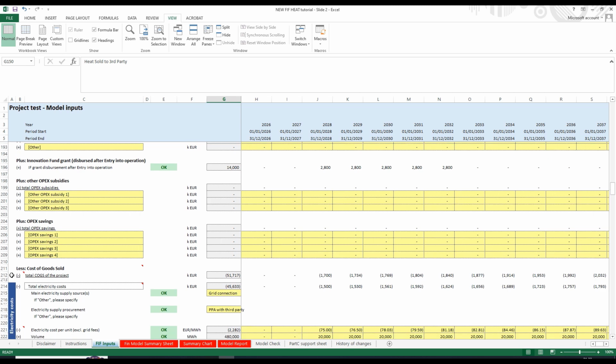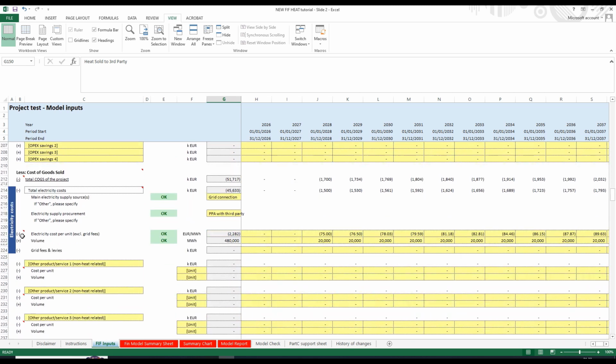The first part relates to electricity costs. You will be asked to indicate the main electricity source and the form of procurement. Then, enter the electricity cost in euros per megawatt hour, remember to use negative values, and the electricity volumes in megawatt hours.